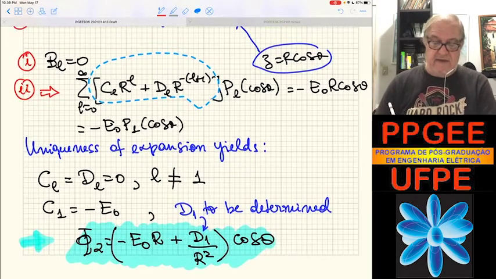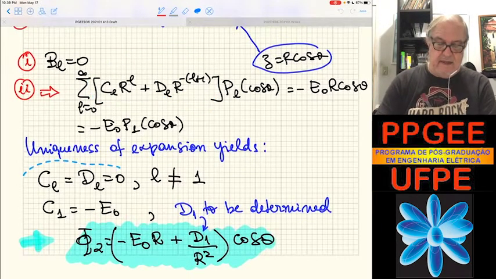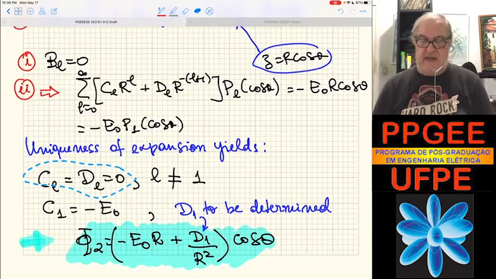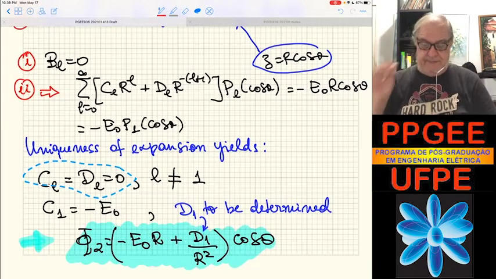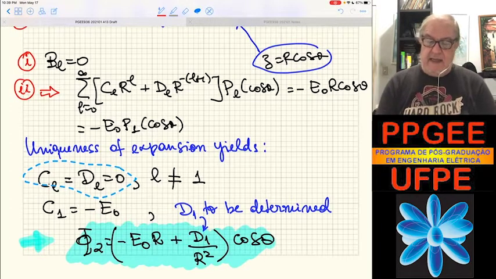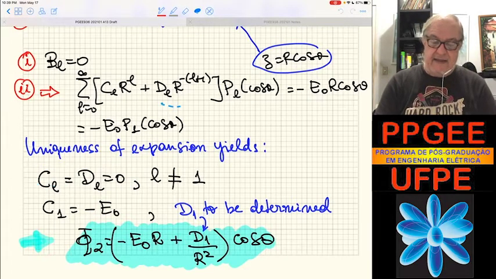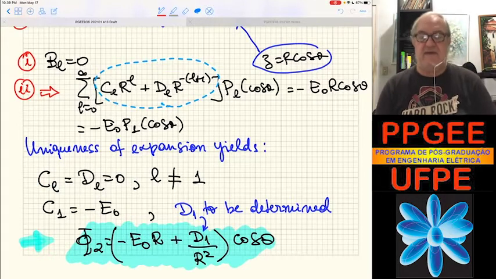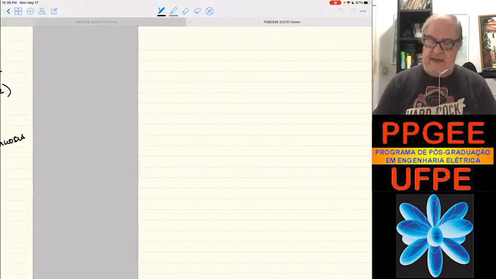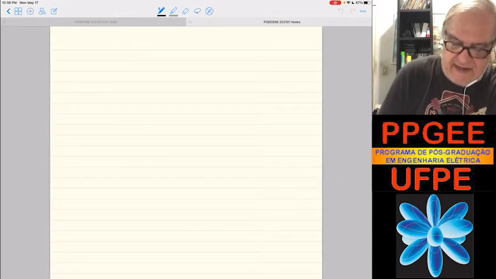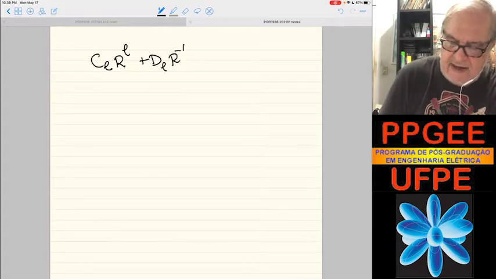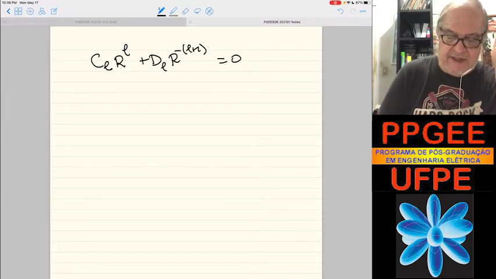For L different than 1, let me make it very clear, we're going to have something like this: CL R to the L plus DL R raised to minus (L plus 1) equals 0 for large R.